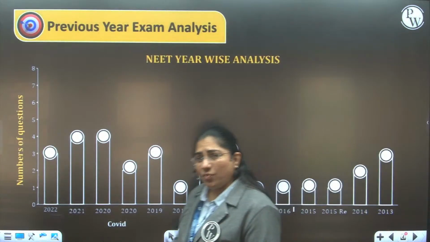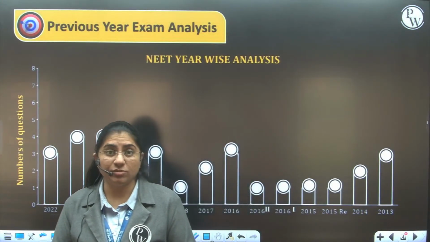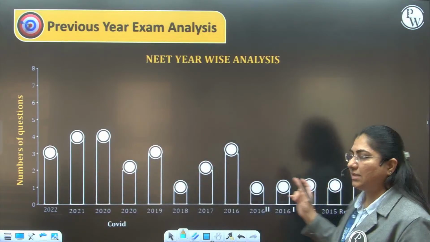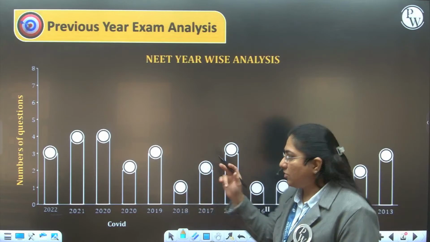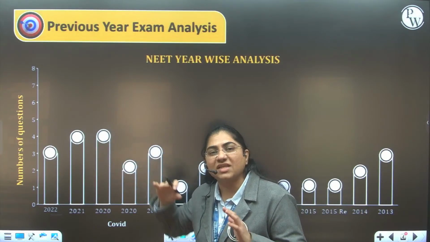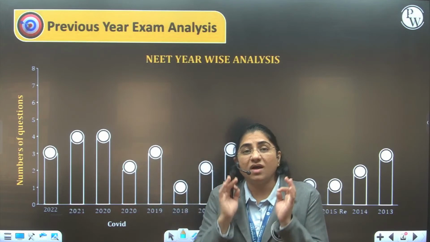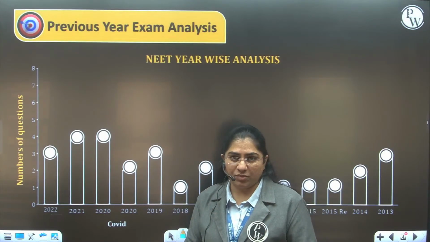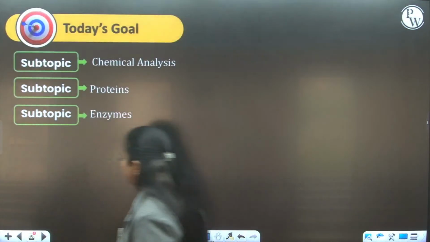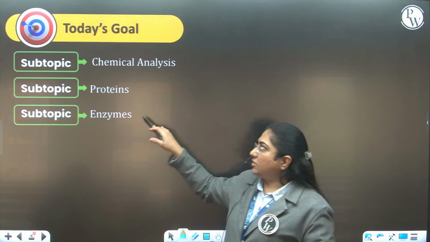Is this chapter important from the NEET point of view? Absolutely yes. Why? Because as we can see from the statistical data of the PYQs, almost 3 to 4 questions are asked every year. So it's a high weightage chapter from the NEET point of view. Today, we will be discussing 3 important concepts.